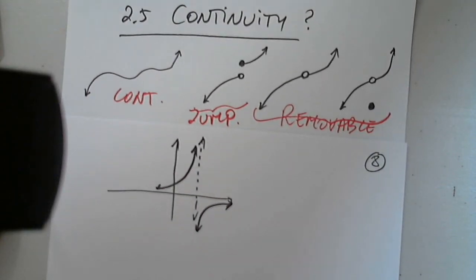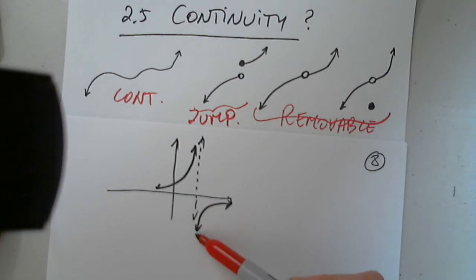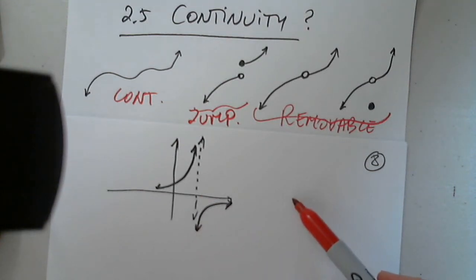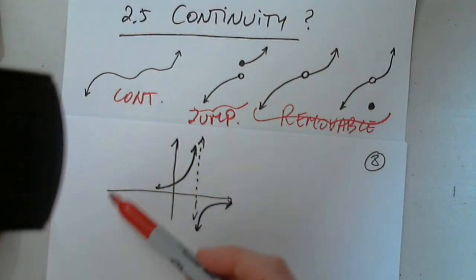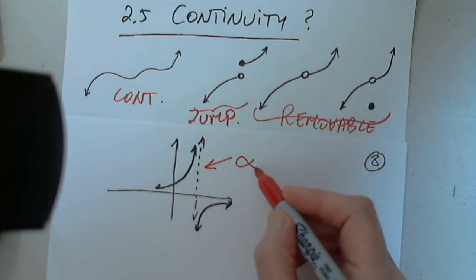Okay, now, what about the last one? Is the last one continuous everywhere? You can say, yes, it's continuous between negative infinity and this number, and between this number and infinity. But I'm asking if it's continuous everywhere. No, because of the asymptote. Very good. It has a vertical asymptote.